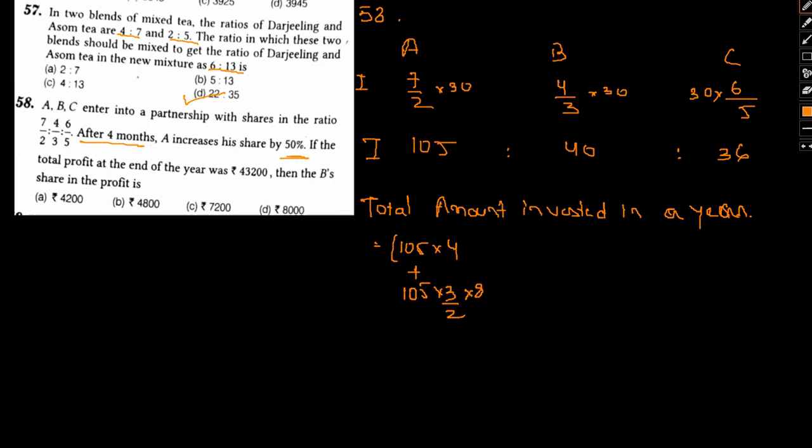This will be A's total amount. For B it will be 40 into 12, and for C it will be 36 into 12, because they did not add any additional amount.